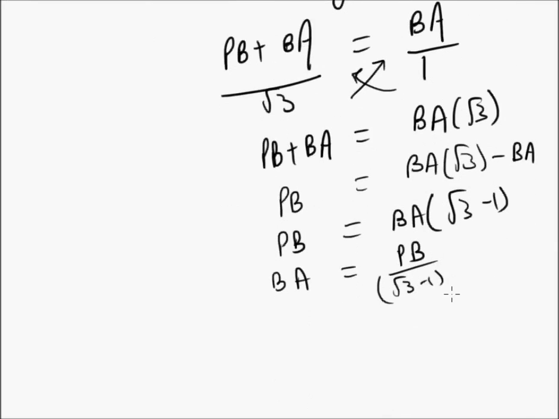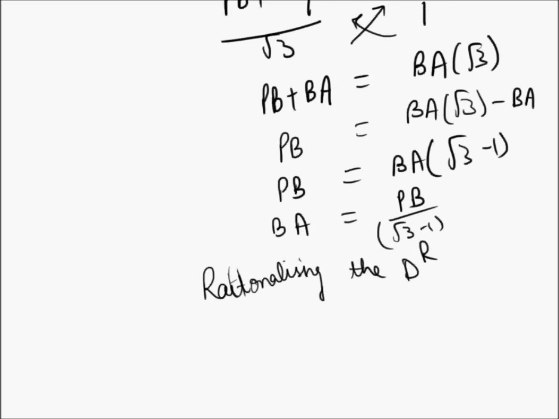Now friends, it is not a rationalized form, so on rationalizing the denominator, because it is not a perfect fraction, so it becomes PB.